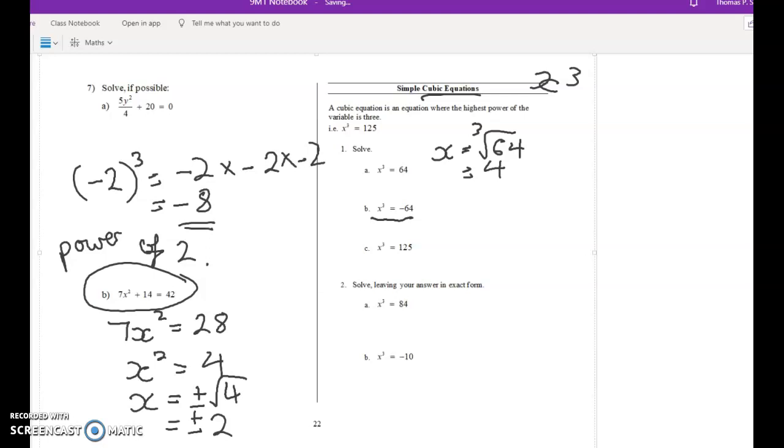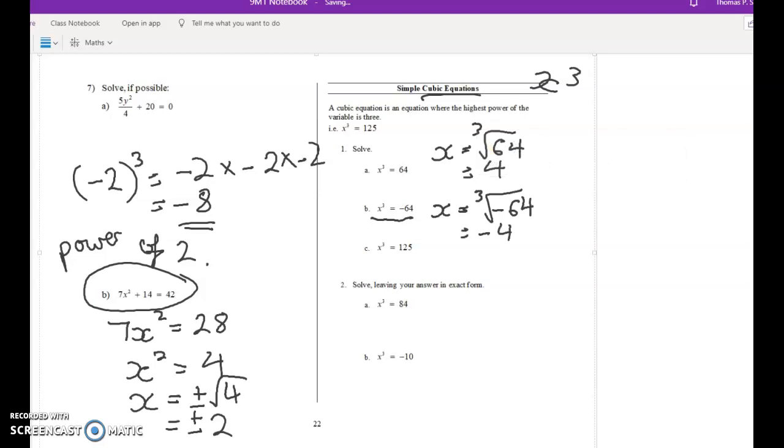And so if you were doing that in reverse, you could find the cube root of negative 8, and you get minus 2, so it works. Alrighty, so in this example, x is going to be equal to the cube root of negative 64, which will be negative 4.